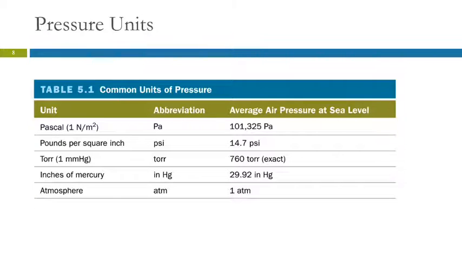So 1 atmosphere is atmospheric pressure at sea level. The way this chart is set up, all of these things are equal to each other. So 1 atmosphere equals 29.92 inches of mercury, which equals 760 torr, and that relationship is exact. It's defined as 760.